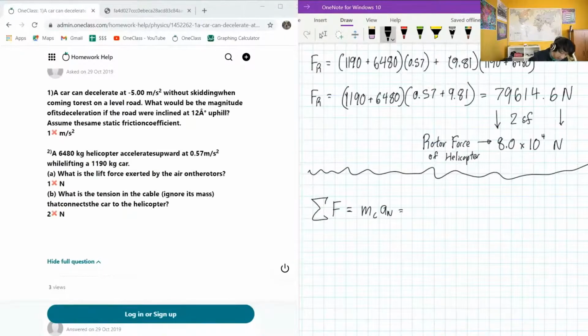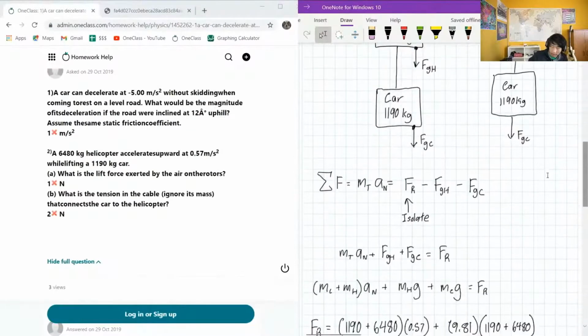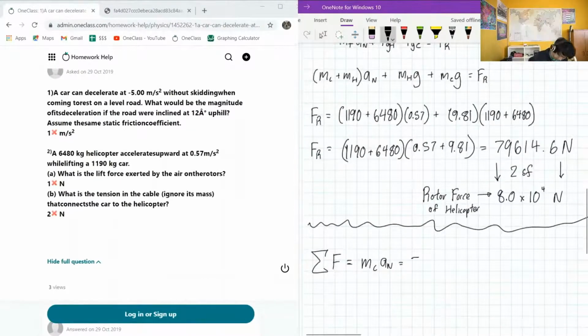And that is going to be equal to the upwards force being positive, so T minus FGC. Just like before, to isolate T, we have the mass of the car times the net acceleration upwards, plus FGC, the gravitational force.